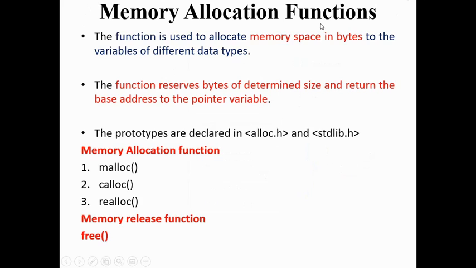Memory allocation functions. These functions are used to allocate memory space in bytes to variables of different data types. For example, it will consider how many values we are supposed to store, the data type of the values we store, and the memory space requirement.